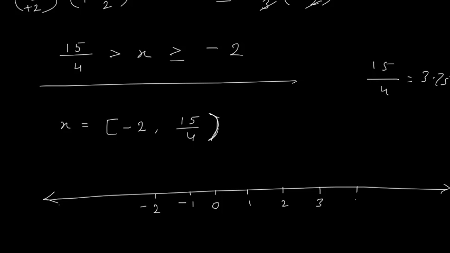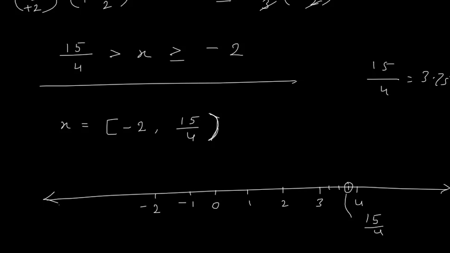So between 3 and 4. So between 3 and 4, it is 15 by 4. 3 is 12 by 4. Then 13 by 4, 14 by 4, 15 by 4, and this is 16 by 4. So this point is your value 15 by 4.